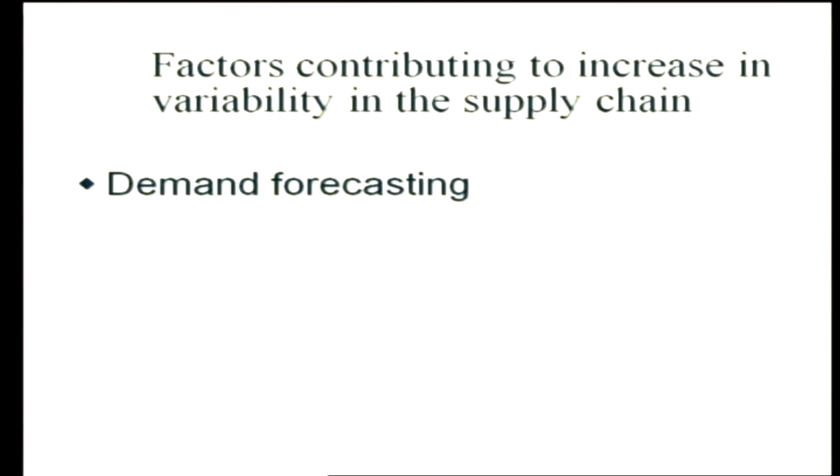Every player is making his or her own demand forecast. What is the retailer doing? The retailer is getting the customer demand on the basis of point of sale data. This point of sale data is put through a forecasting technique, then passed to the wholesaler, and the wholesaler passes it on to the manufacturer.